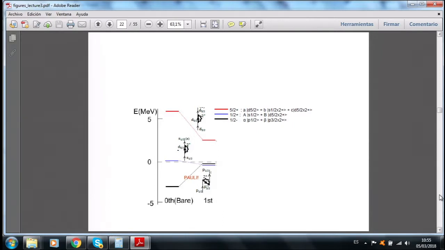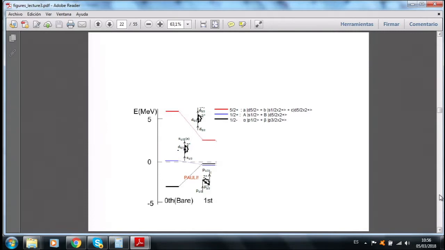Well, it's because of the very specific situation in this kind of nuclei, where only 2 or 3 levels are available for the couplings.